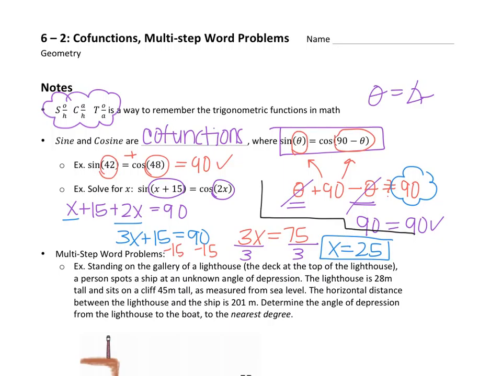So I found that x is 25 when I solved that expression for x. And again, what you'll notice here is that we always have sine of a function equal to cosine of another function. When I say function, I mean expression or angle.